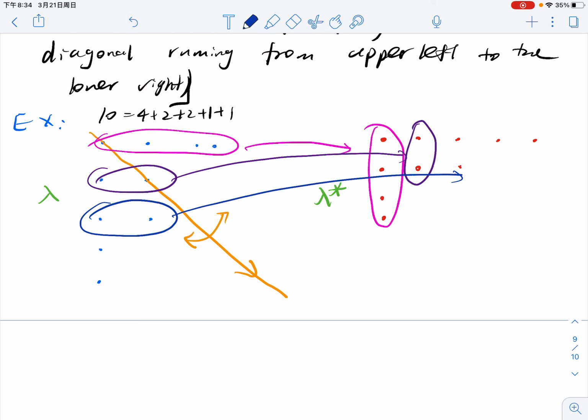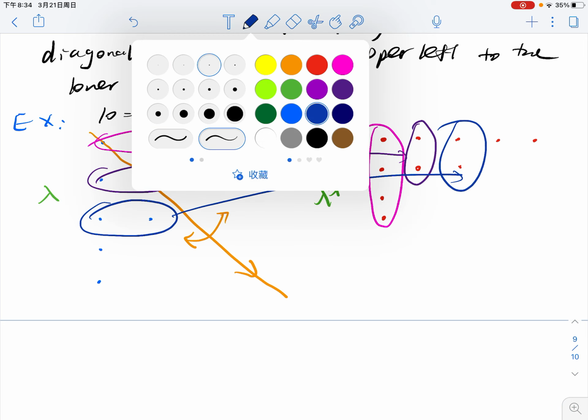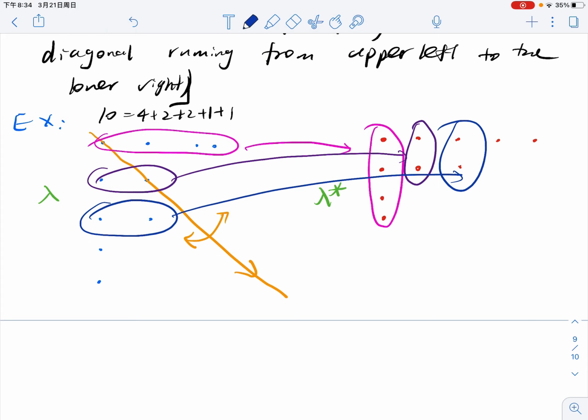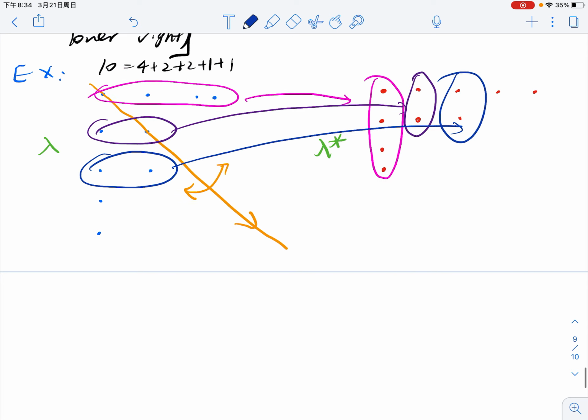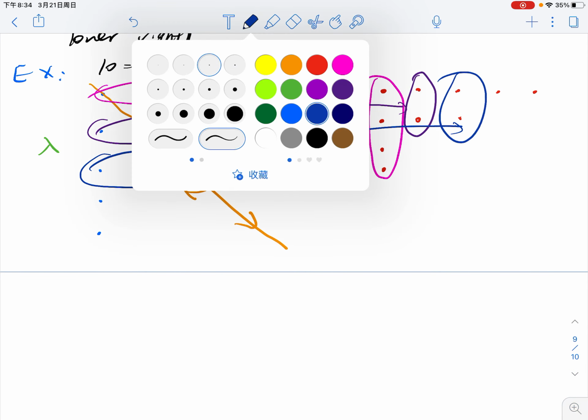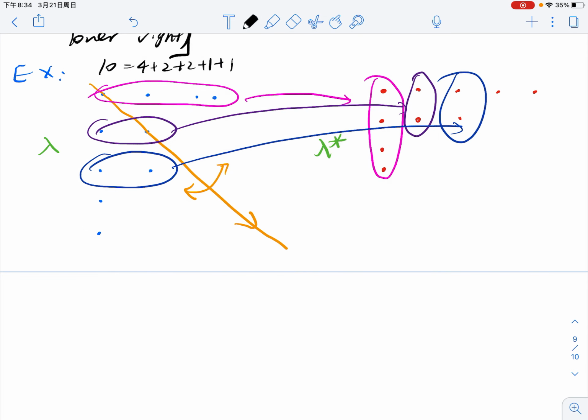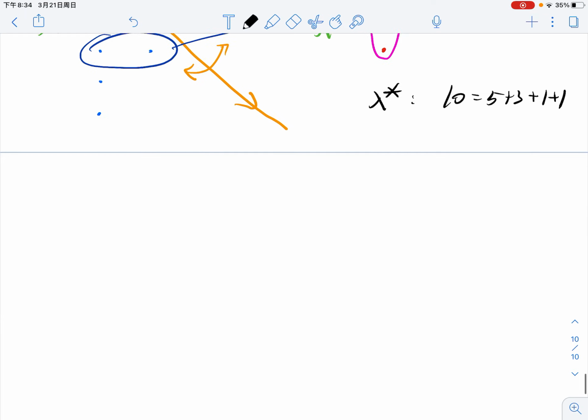The third row becomes the third column. And the rest similarly. And then you will see lambda star. So it's 10 equals 5 plus 3 plus 1 plus 1.